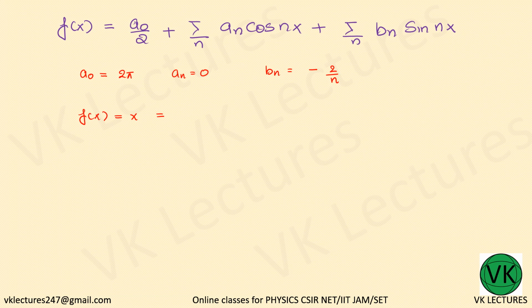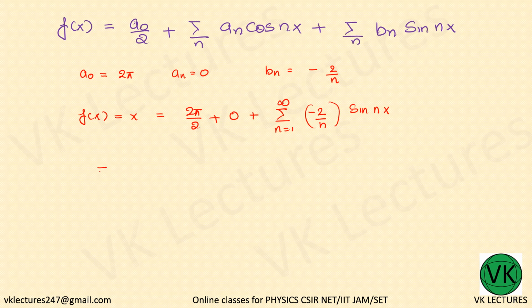A naught by 2 means 2 pi by 2, plus the sum over n equal to 1 to infinity. So an is 0, so the second term is 0, meaning there are no cos terms, and the sum over n equal to 1 to infinity has bn equal to minus 2 by n into sine nx.